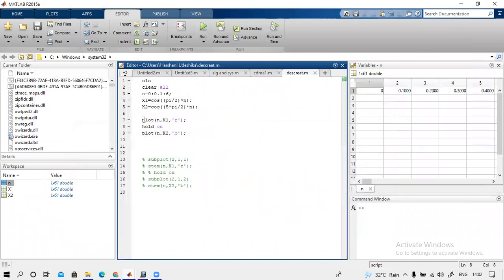If you take the discrete version, here I use stem.